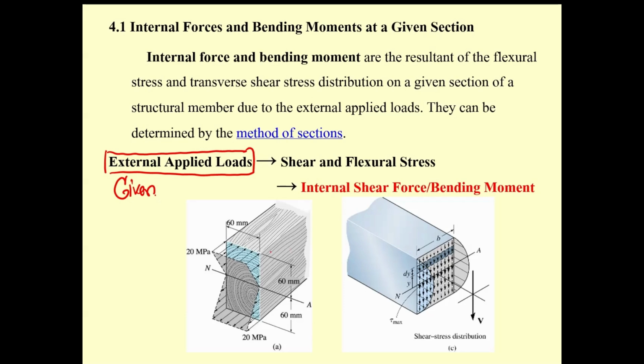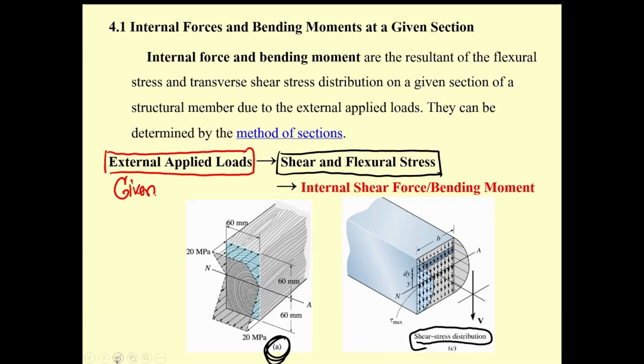And then the structure should have shear stress and flexural stress distributed all over it. This is flexural stress. This is shear stress. Okay. And then the result of that may cause the internal shear force and internal bending moment.